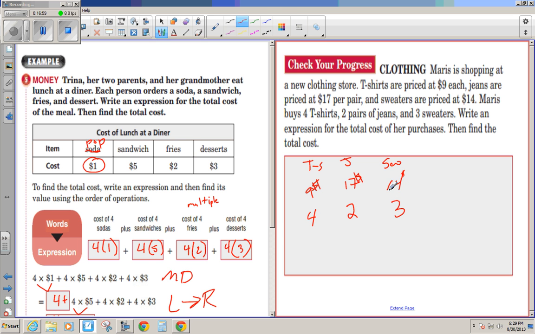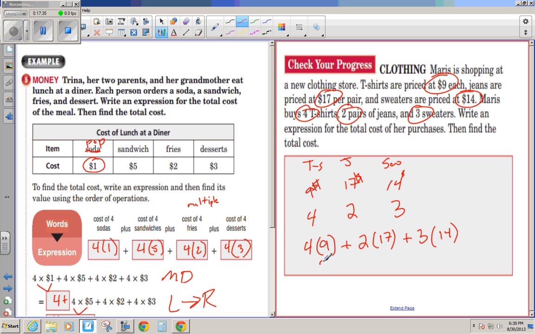Write an expression. So all I did right here was I took this information, $9, $17, and $14. That's how much each thing cost. 4 T-shirts, 2 jeans, 3 sweaters. So our expression, 4 T-shirts at $9 per T-shirt, plus 2 jeans times $17 per jeans, plus 3 sweaters times $14 per sweater.